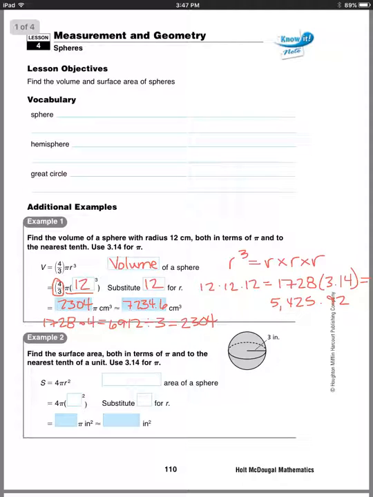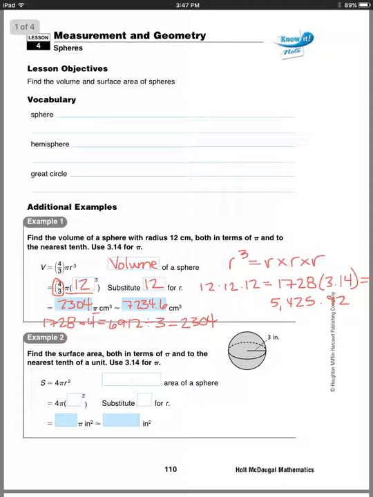So you can either do 12 times 12 times 12 times 3.14 and then multiply that by 4 and divide by 3. Or you can do 12 times 12 times 12, get 1,728, times that by 4, and then divide by 3. Okay, but then you have to still multiply by pi.